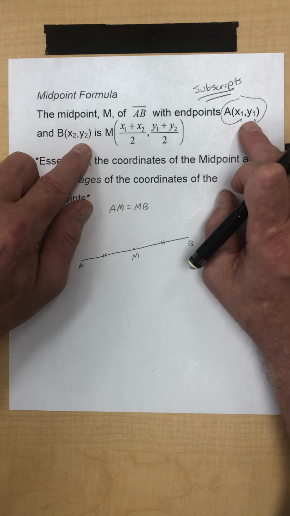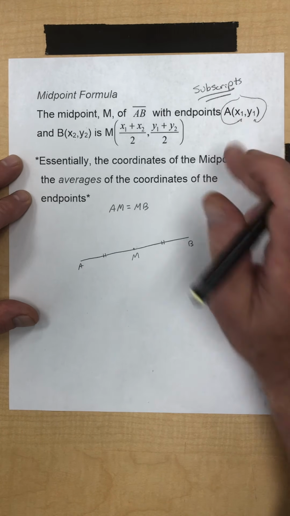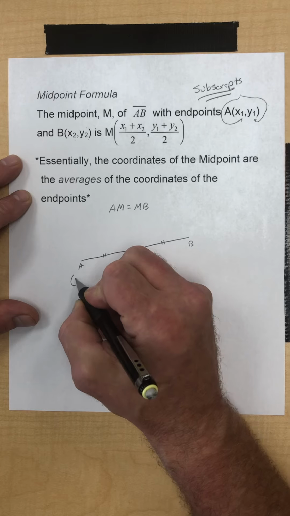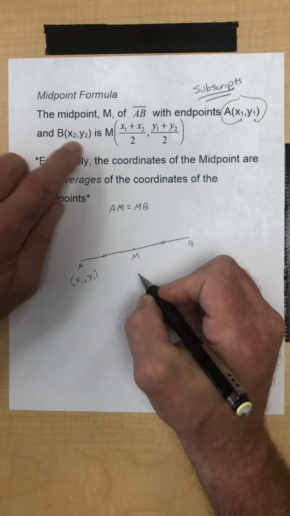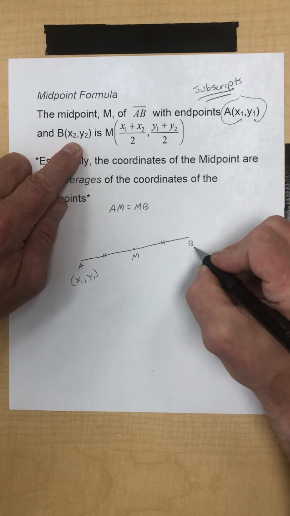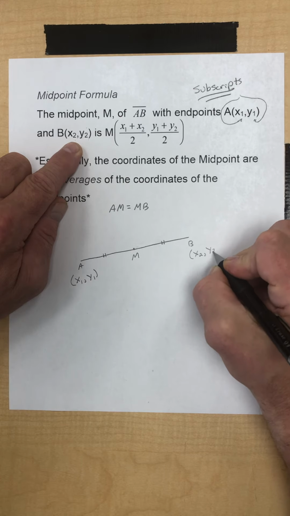They are different numbers, so they differentiate between the two using a subscript. So the coordinates of point A at one end are x sub 1 and y sub 1. And the coordinates at the other endpoint B are x sub 2, y sub 2.